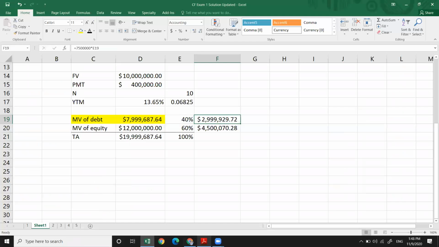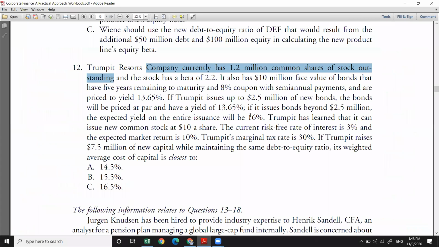Let me check my cost of debt. 16% is the expected yield on the entire issuance, the cost of debt, but it is before tax. Now we can calculate the cost of equity and the cost of debt.